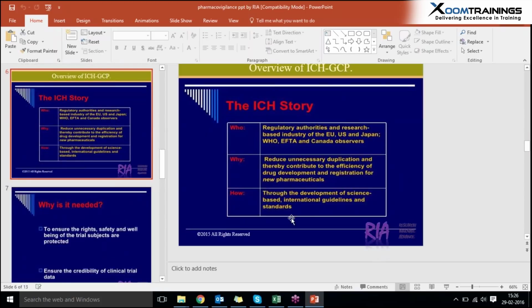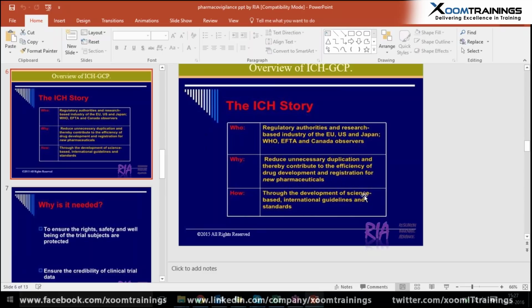And coming to the ICH GCP, whenever we are conducting clinical trials, we have to follow the ICH guidelines, the International Conference on Harmonization. So what is it exactly doing? ICH is bringing the US, Europe and Japan together to discuss the present aspects of clinical research, and they frame guidelines accordingly. Why do we follow the US, Europe and Japan guidelines?